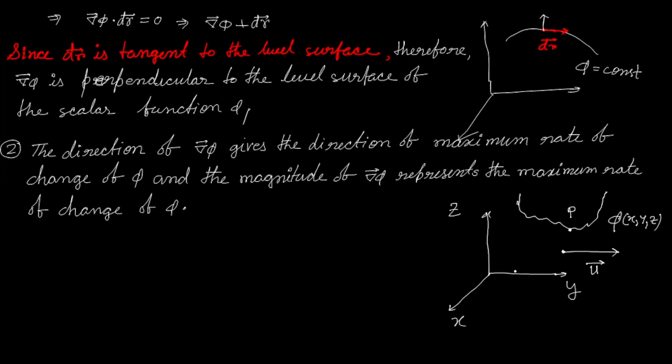So in order to prove this statement, first we have to find the directional derivative of the scalar function at point P. What does directional derivative mean? It means we want to find the rate of change of the scalar function phi at point P along the direction of u. So we are going to prove this statement.